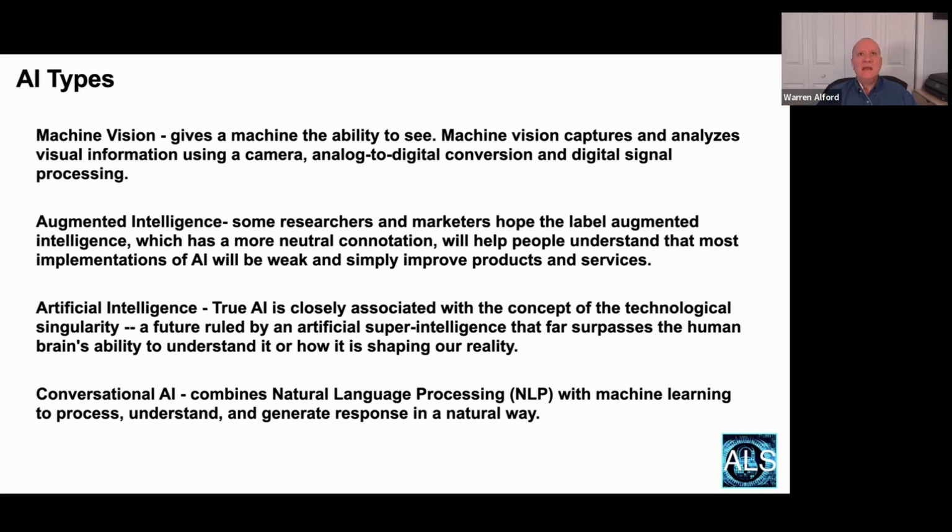And then conversational AI, this combines the natural language so that it can understand and process and generate responses. We see certain programs like Siri and Hey Google, and things like that that would allow this to actually happen.